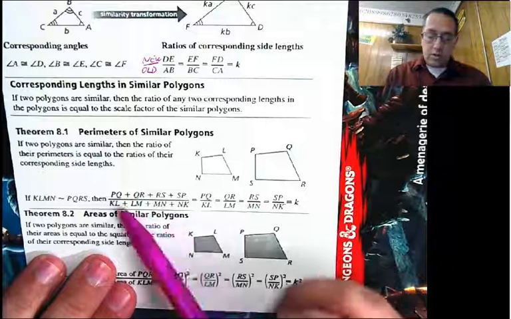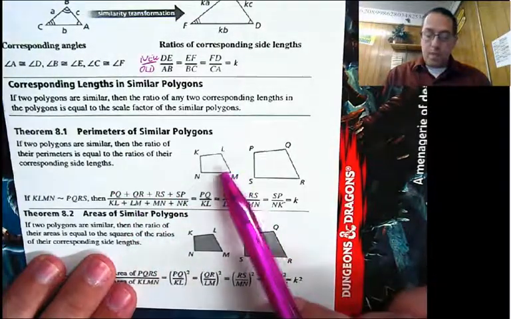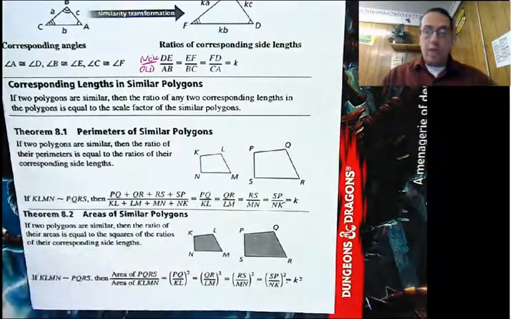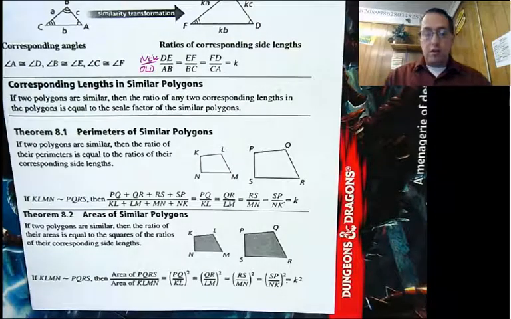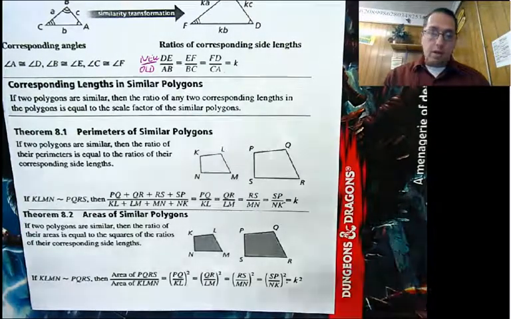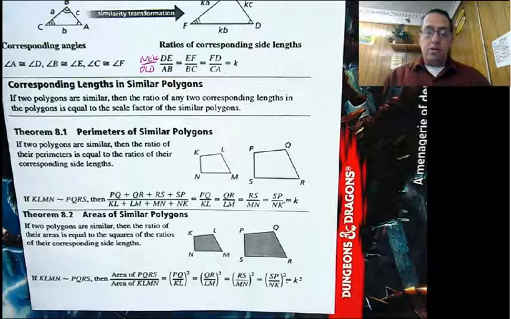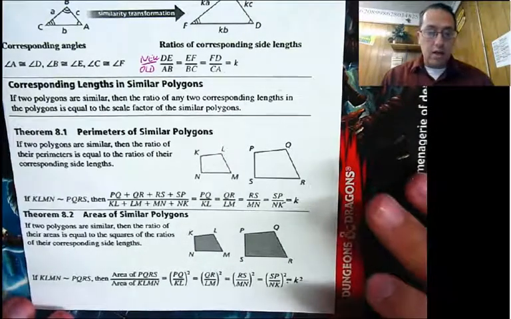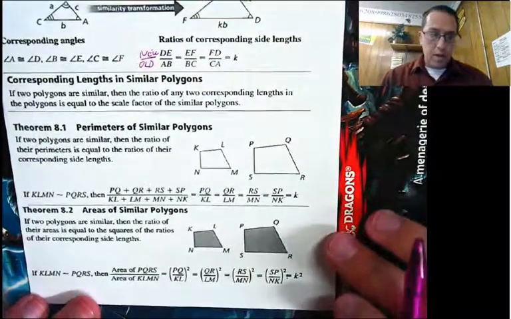Okay? So the perimeter is proportional. Same proportion as the sides. It's going to have the same scale factor. And so we can do the same thing. We can cross multiply and divide. You can do it that way, or cross products, however you do proportions.